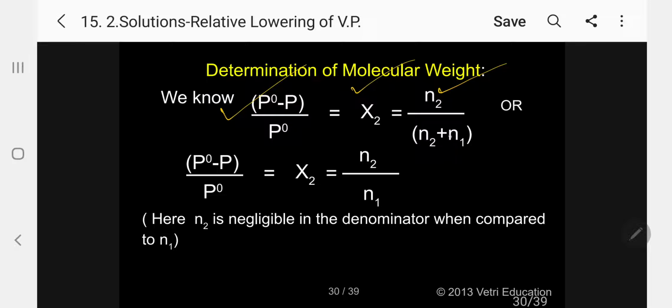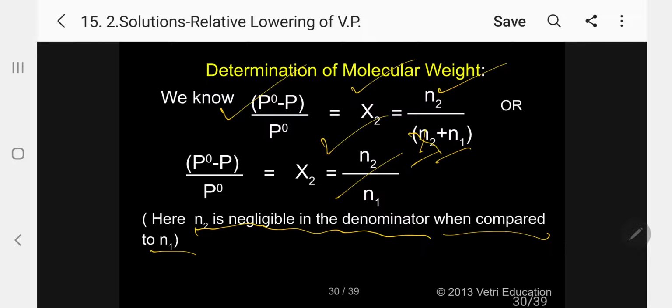Now when I compare the n1 value and n2 value in the denominator, I will neglect this n2 value. So I simply write n2 by n1 for simplicity. Here n2 is negligible in the denominator when compared with n1. Kindly follow. n1 is a large quantity.